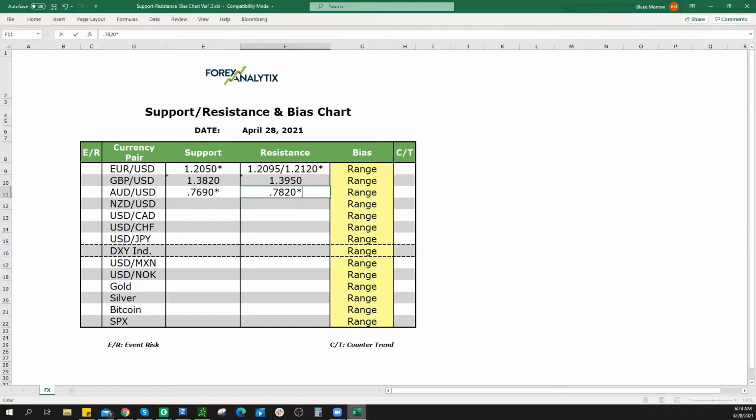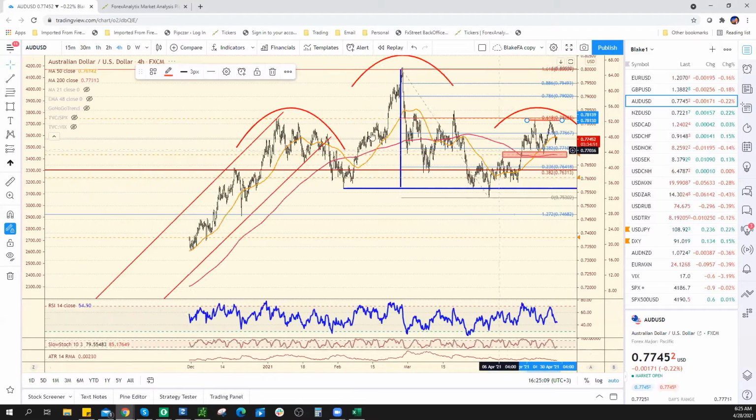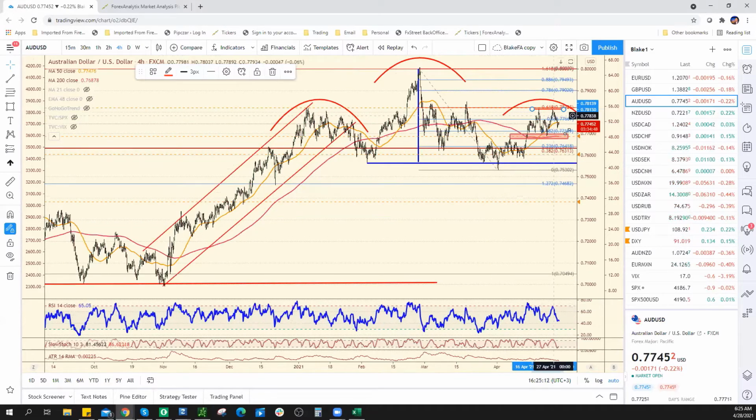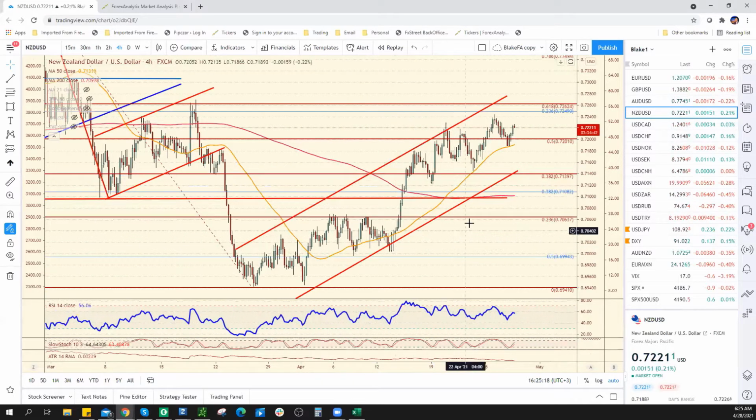And now remember, we're in a range. We're also setting up that head and shoulder pattern, but again, a break above 78.20 would be bullish. That would be a bullish continuation. It would completely derail this pattern or setup actually.